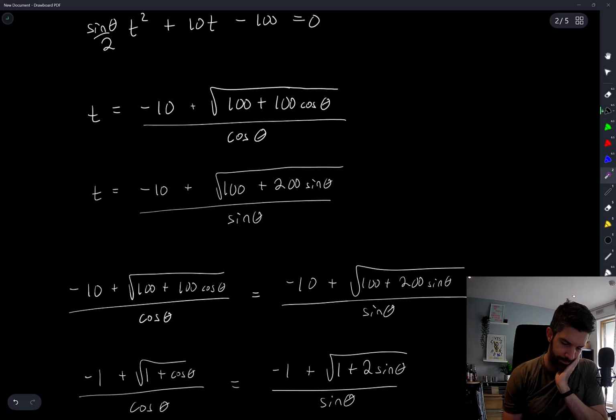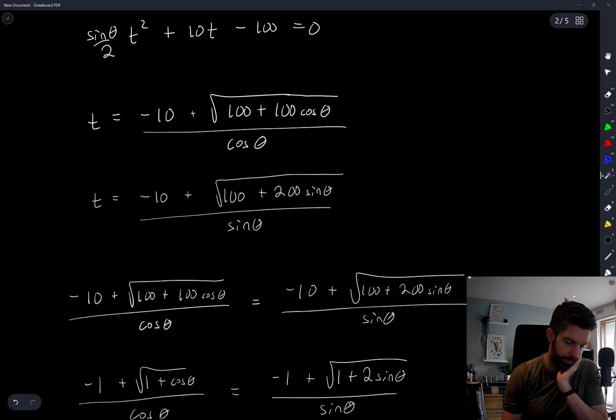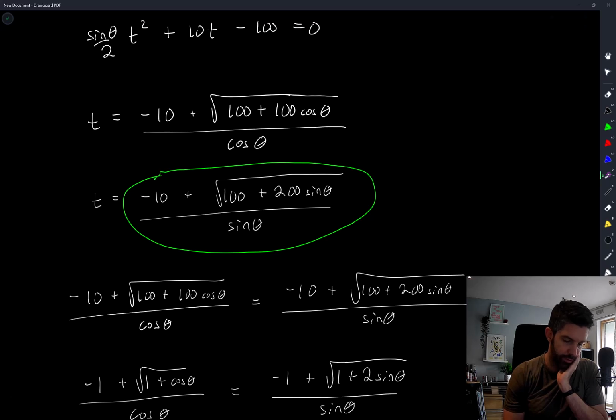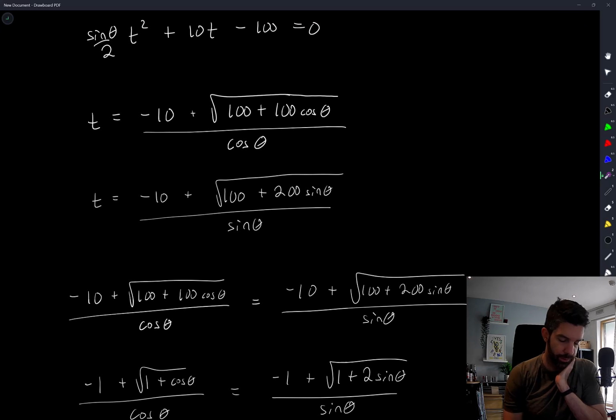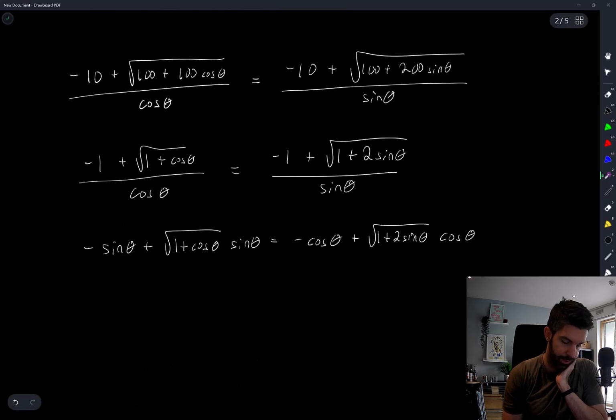Another way of thinking about this is to plot that as a function of theta, and plot that as a function of theta, and look for an intersection. I don't know if there's a way to solve this with a formula.